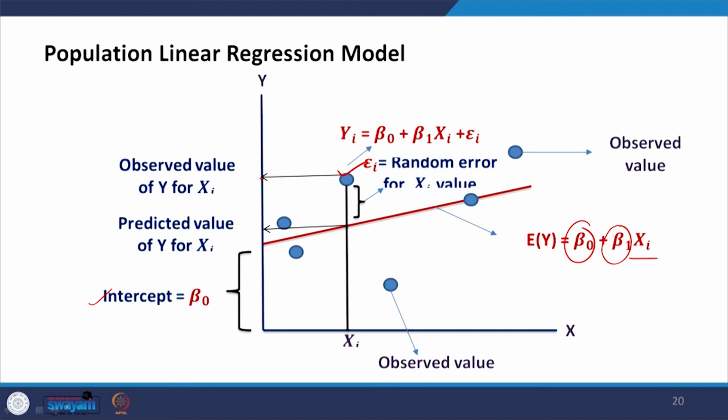From this point along the line we reach a predicted value. The red line is our predicted line, so the predicted value of y for xi is at this particular point on the line.